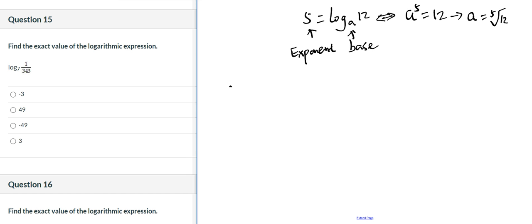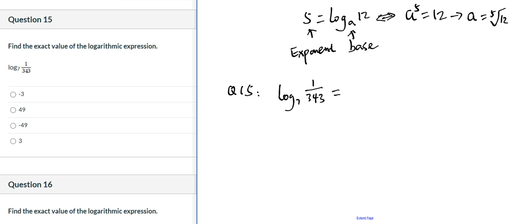Question 15 is we want the exact value of log base 7 of 1 over 343. Now we want this value.